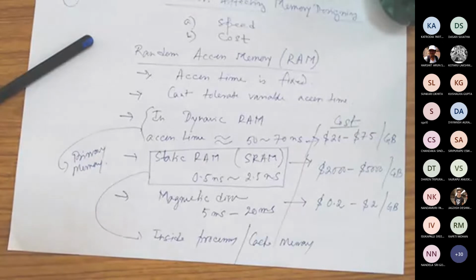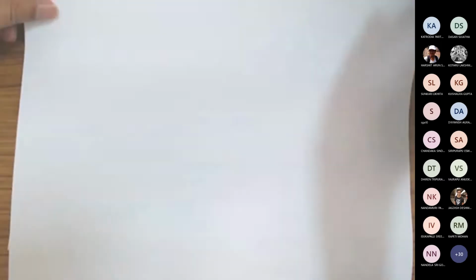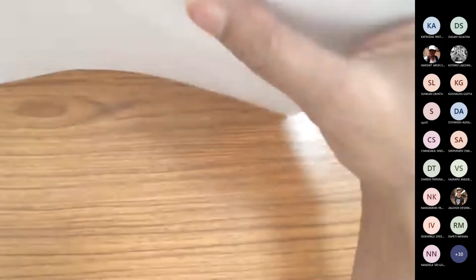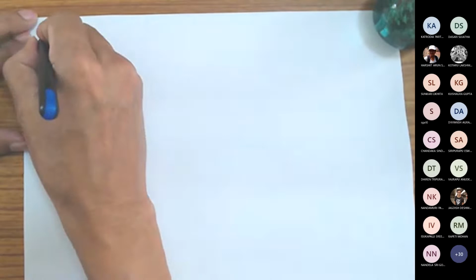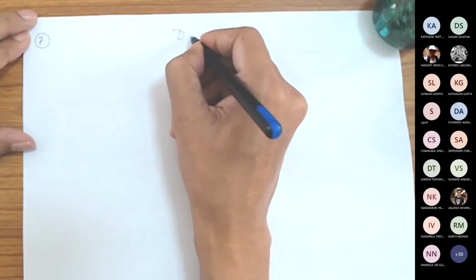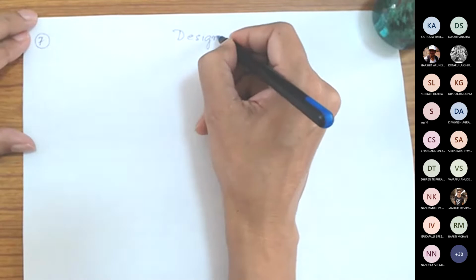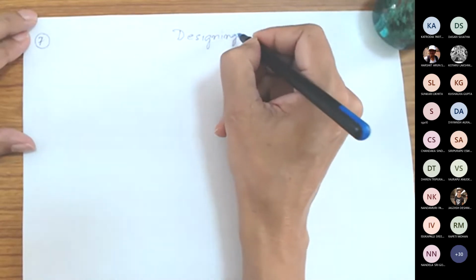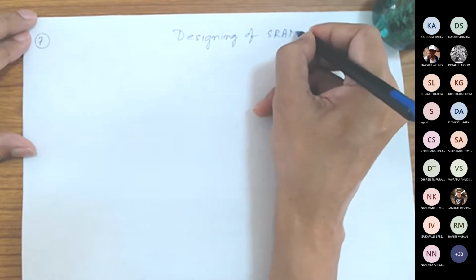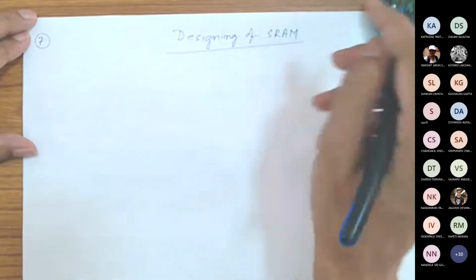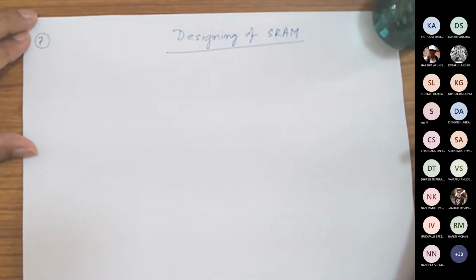So we shall now see how static RAMs and dynamic RAMs can be designed. Let's first see the design of static RAM.